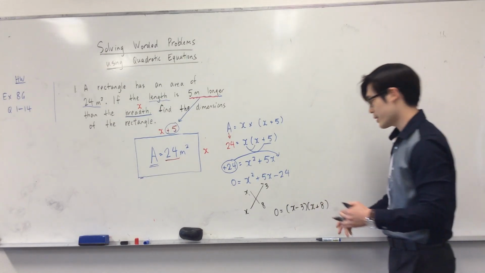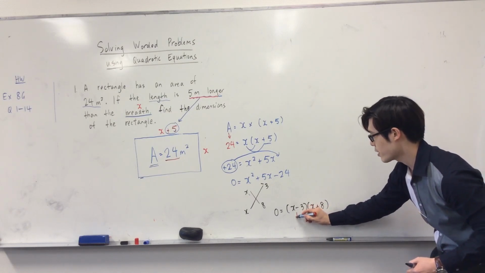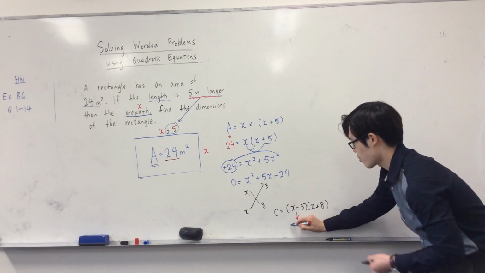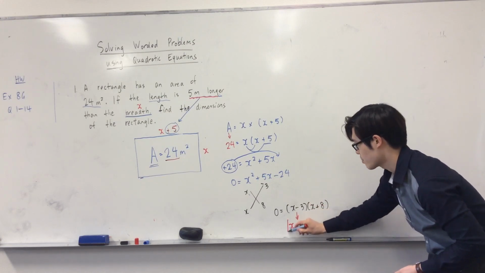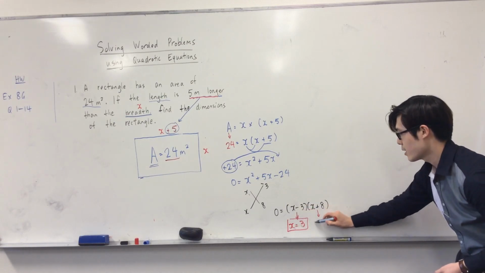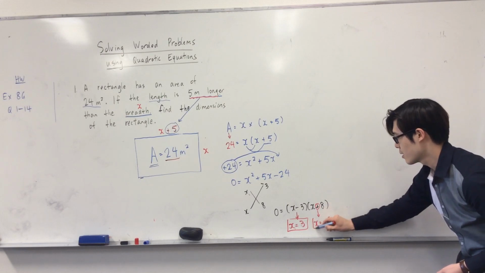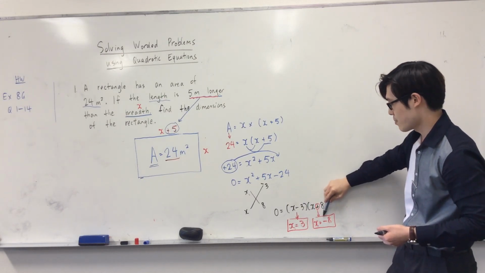So we've got two solutions here. Let's find out the two answers. Remember from the previous video, you look at the first bracket. In this case, x is equal to 3. You just take the opposite sign of the minus, which is plus 3. And in here, x is equal to the opposite of plus 8, which is minus 8. Now that means x is equal to 3 and x is equal to minus 8.